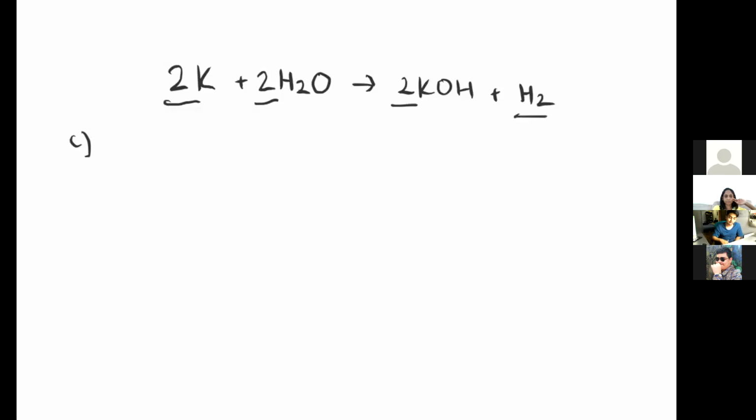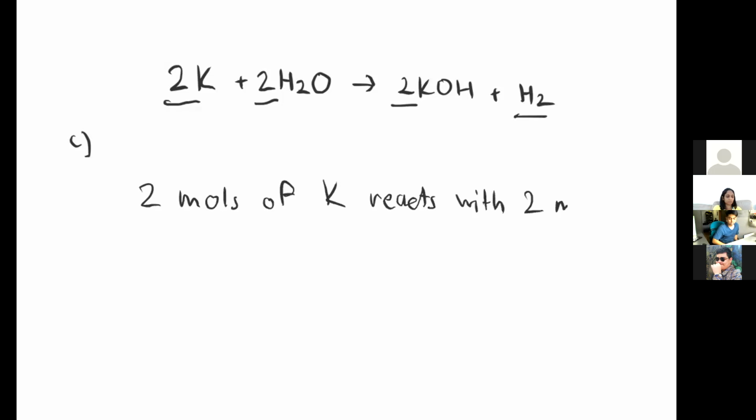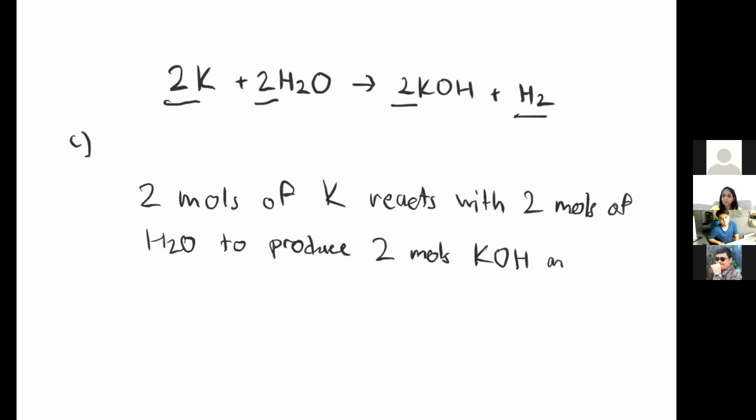So from this, we can see that 2 moles of potassium reacts with 2 moles of water to produce 2 moles of potassium hydroxide and 1 mole of hydrogen gas.